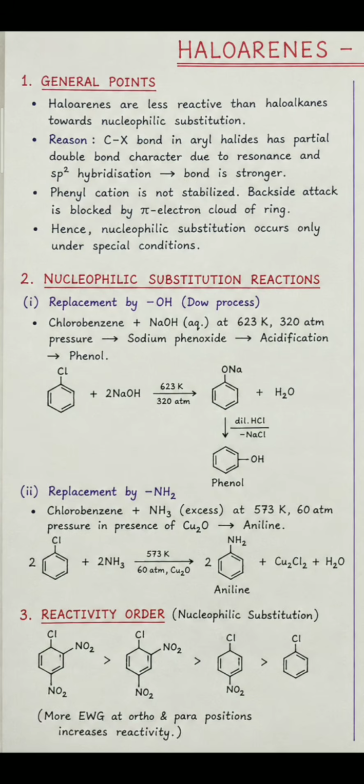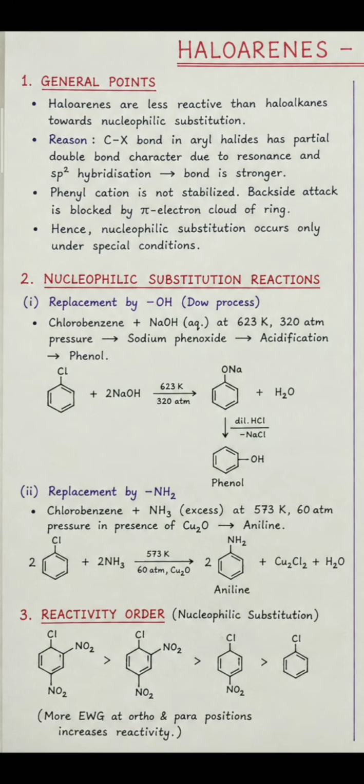When chlorobenzene is treated with aqueous NaOH at 623 Kelvin and 300 atmospheric pressure, sodium phenoxide is formed. After acidification, Na is replaced by hydrogen and phenol is formed. It is a very important reaction.